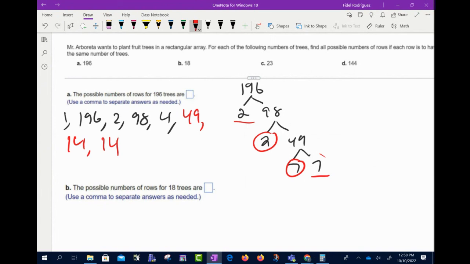Number one, I always know it's 1 and 196. And then it's 2 and 98, or it's 4 and 49, right? Or it's 14 and 14, right? That kind of thing. That's really the game that I'm playing here, okay? And I believe those are all of our choices.